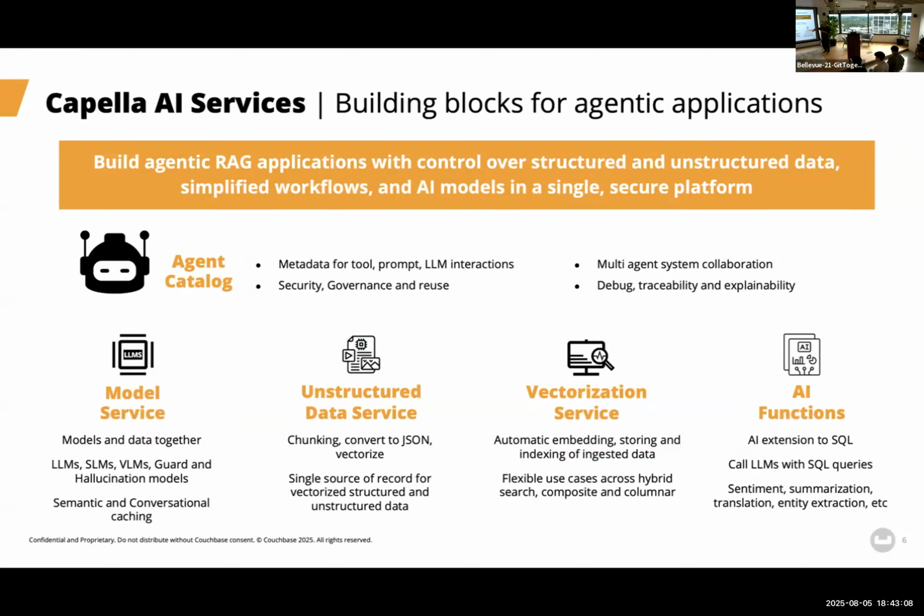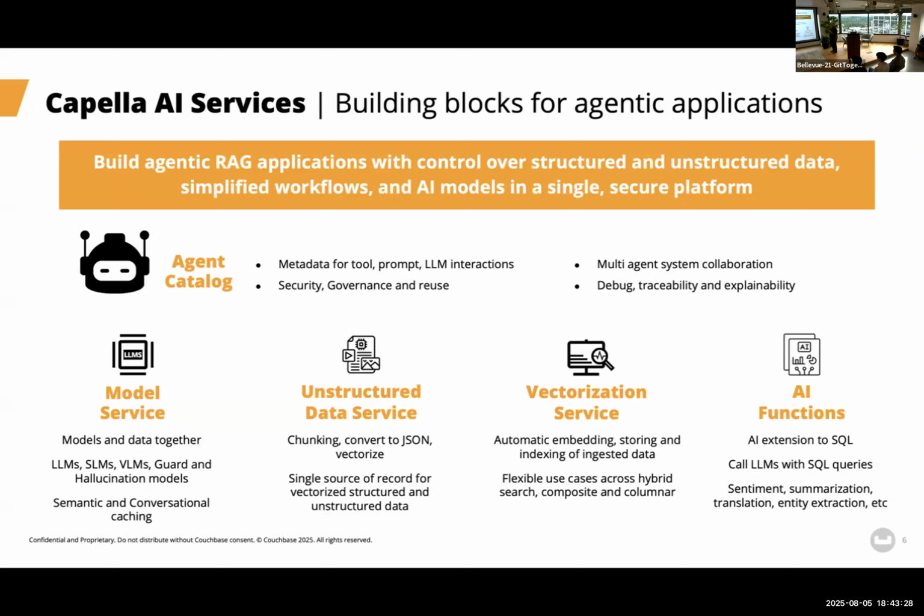It starts with a model service. The model service is designed to co-locate or co-host models directly in the same VPC that runs Capella, the database. This brings tremendous advantages in lowering latency and increasing security and privacy. I'll show you what these all look like too.